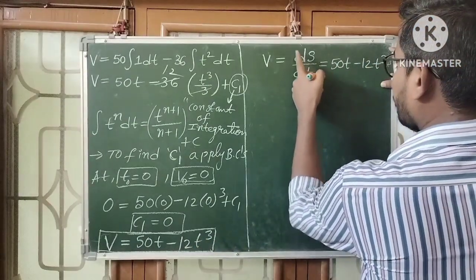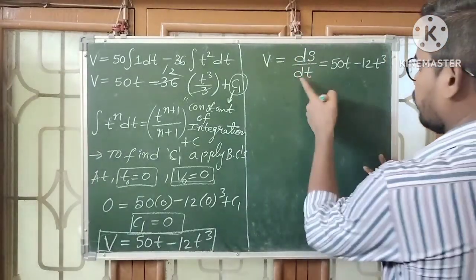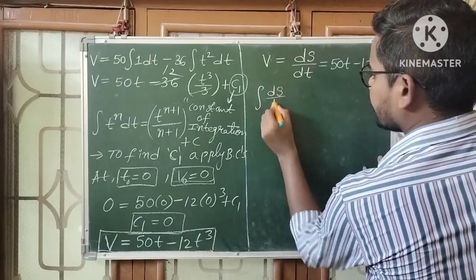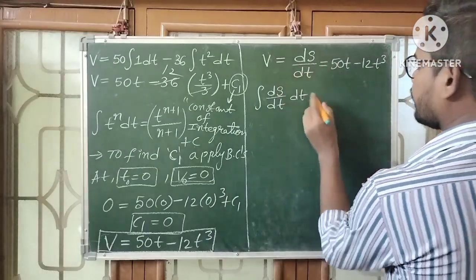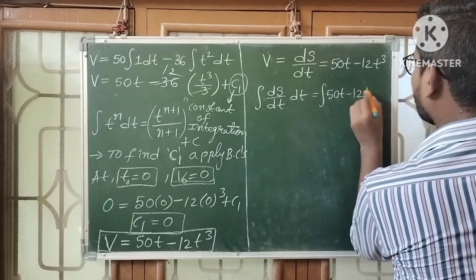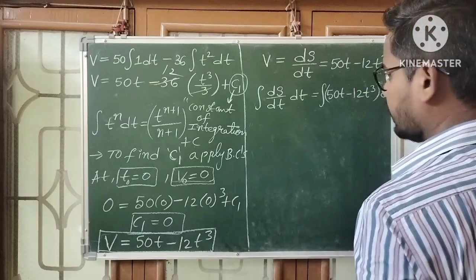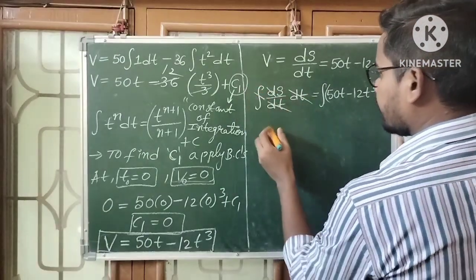Now, in order to eliminate the derivative, we have to apply integration. Apply integration on both sides with respect to t, because derivative and integral get cancelled. The integral of 50t minus 12t cube dt.